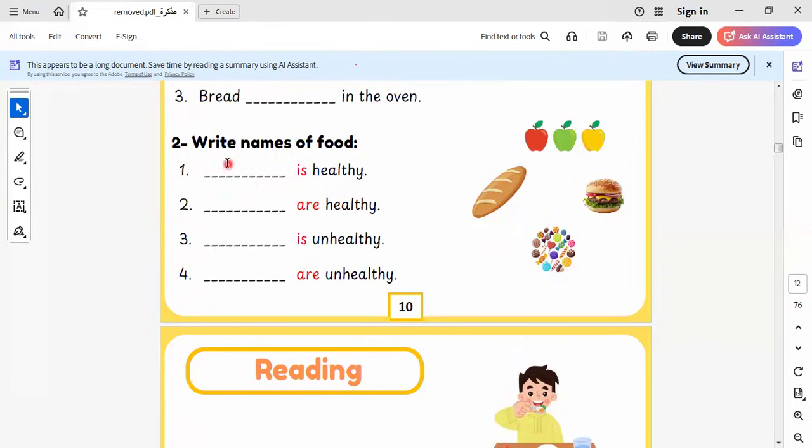Let's go to another one here. Write the names of the food. Space is healthy. Which one is healthy here? It will be bread. I write here bread. Bread is healthy. So here I talk about bread, which is uncountable, treated as singular. Space are healthy. It will be apples. Apples are healthy.